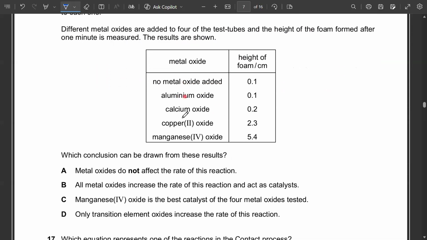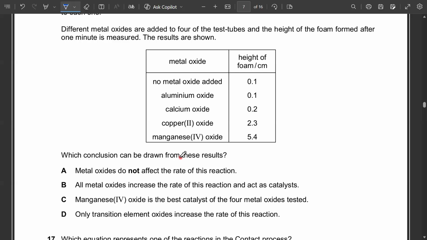There are different combinations of the metal oxides used, and in the first case, no metal oxide is used, and the height of the foam has also been mentioned. That shows how much the reaction has carried out. Which conclusion can be drawn from these results?